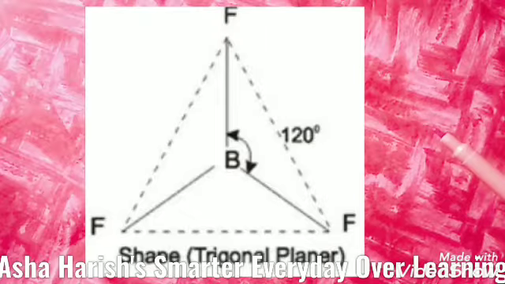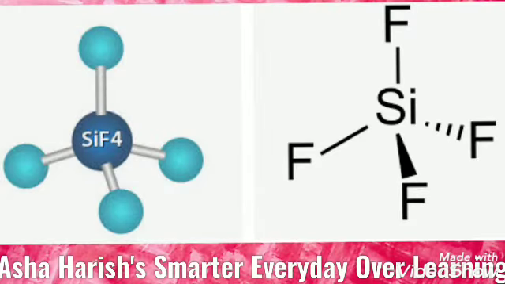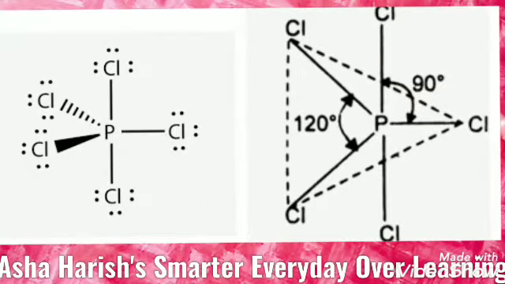For silicon tetrafluoride, SiF4, the shape is tetrahedral. And the last example is PCl5, phosphorus pentachloride, the shape of this molecule is trigonal bipyramidal. Okay, these are the examples.